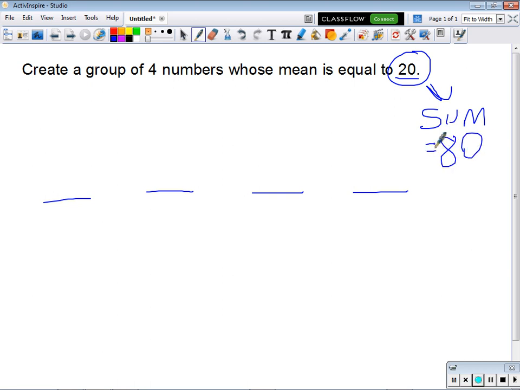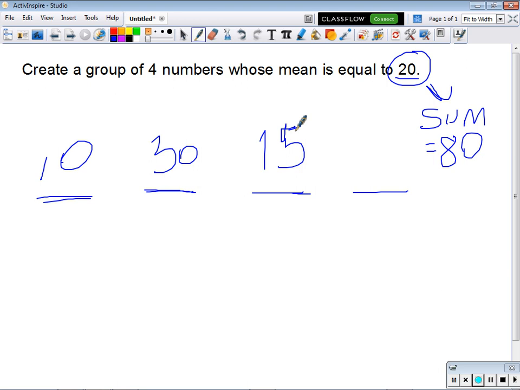In terms of the way I could go about doing this problem, I can take each of the first 3 numbers and make them any numbers that I want. Let's just say I put a 10 here, a 30 here, and a 15 here. I can make these 3 numbers anything I want.